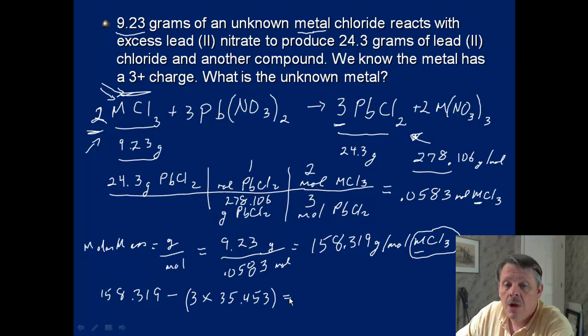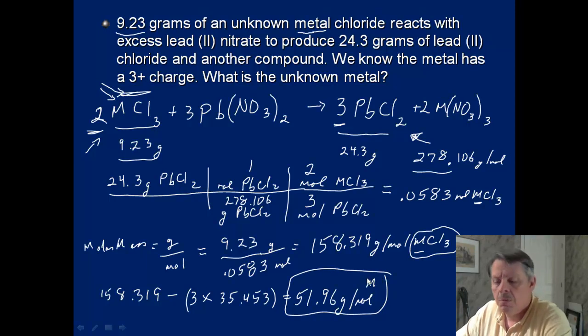What I get is 51.96 grams per mole of my metal. Really? All right, let's go look at a periodic table and see if we can find something that weighs about 52 that has a +3 charge.